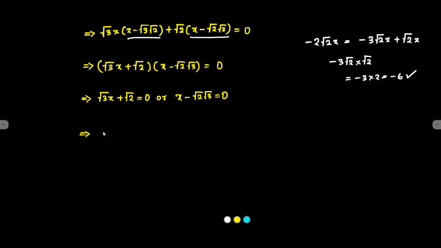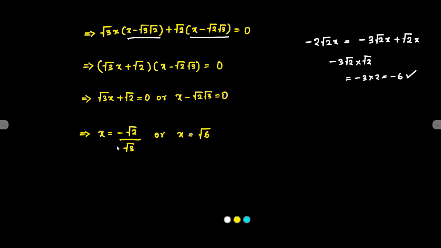For the first case, x = −√2/√3, and for the second case x = √2 into √3, that is equal to √6.